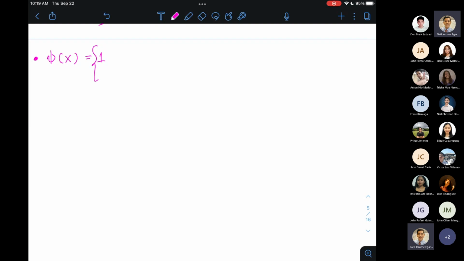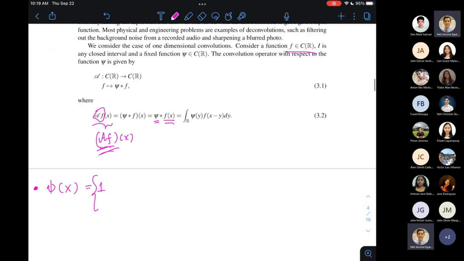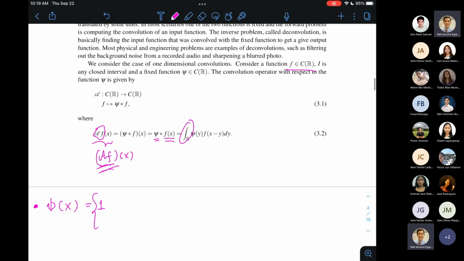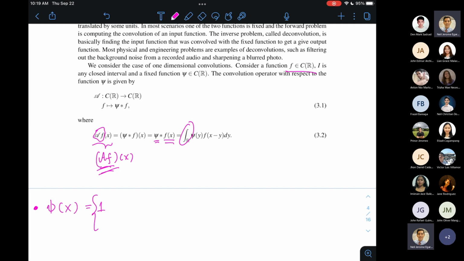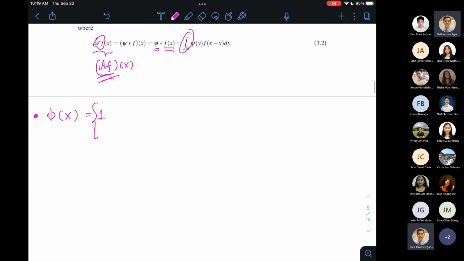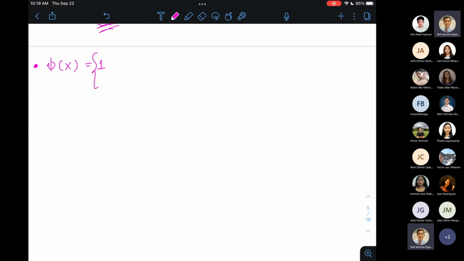Let's make it a piecewise function so we avoid an improper integral, because here the integration should be performed throughout the set of real numbers, from negative infinity to positive infinity. To make the example simpler, let's consider the fixed function psi to be equal to 1 over the interval [0, 1] and 0 elsewhere.